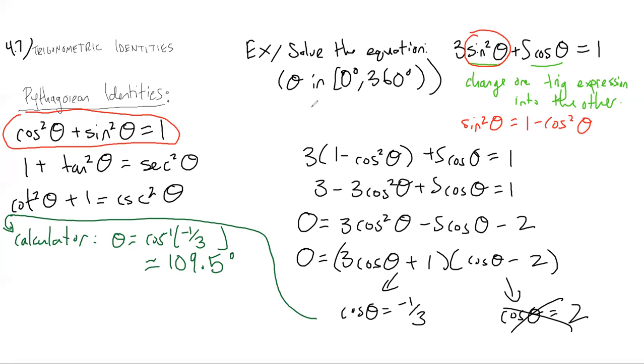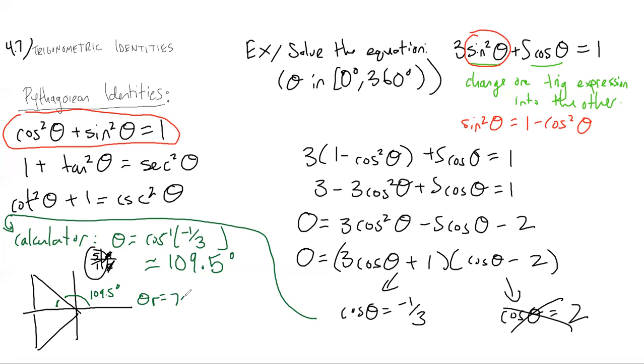And so what I'm going to do is draw my reference angle picture for cosine to be negative. If I do my whole CAST thing, that tells me it should be on the left side. So I draw my 2 triangles on the left. And if this answer here is at 109.5 degrees, then the reference angle is 180 minus that.